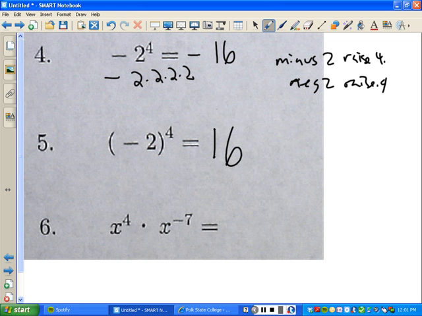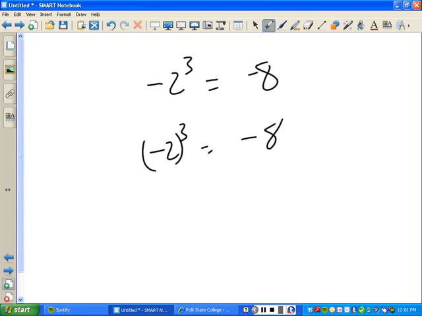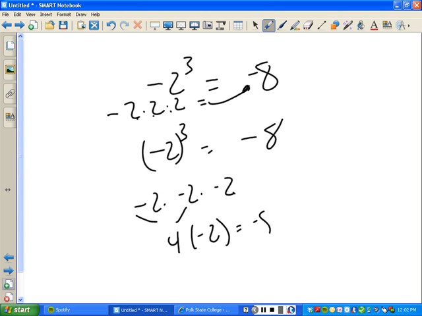If you say minus 2 to the 3rd, and negative 2 to the 3rd, both of these answers come out negative 8, but you get negative 8 for completely different reasons. In this case, it's minus 2 times 2 times 2, which is 2 times 2 is 4 times 2 is 8, and then the negative sign applied, negative 8. In this case, it's negative 2 times negative 2 times negative 2. Negative times negative is positive 4 times negative 2 is negative 8.